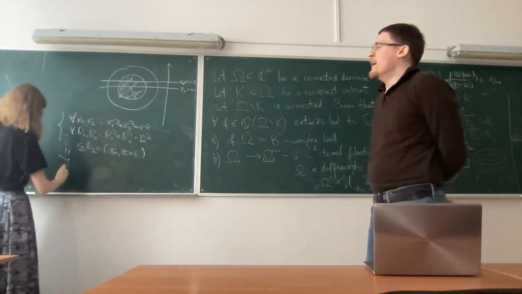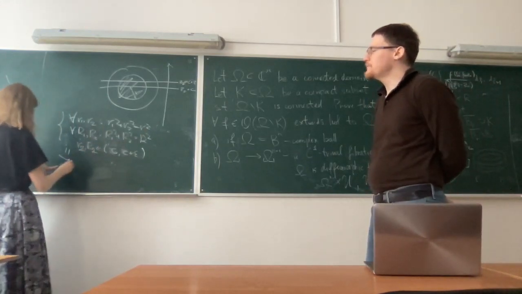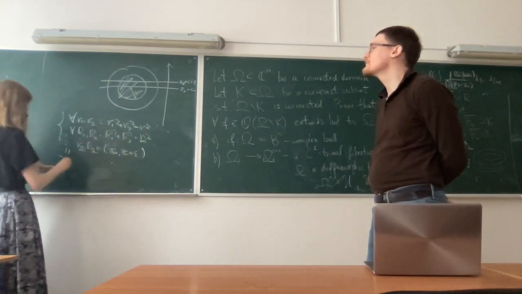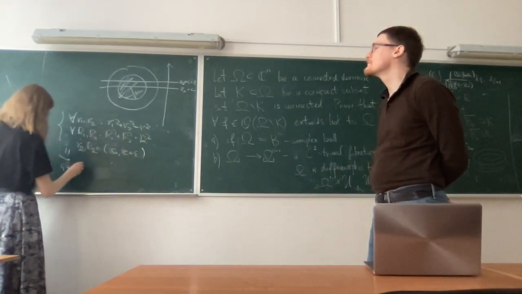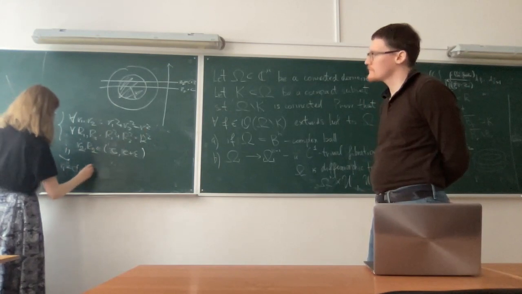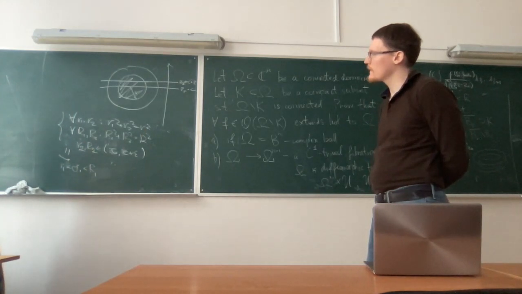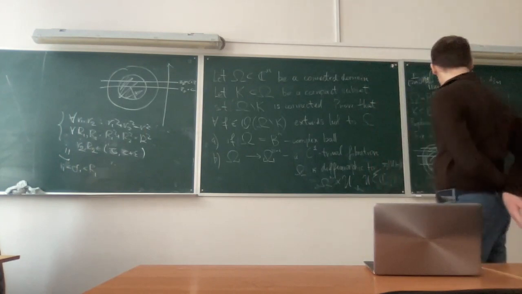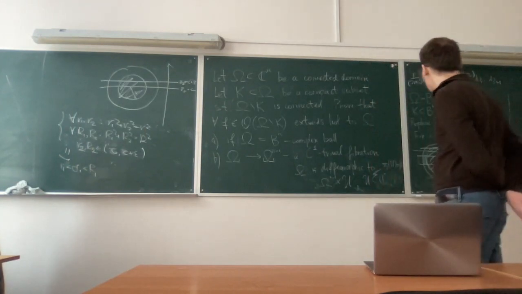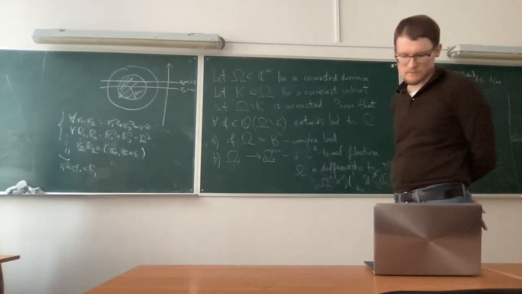Here R1 is less than delta 1, less than 1. That's the two-dimensional case. So delta is like this, delta 1 is like this, okay?